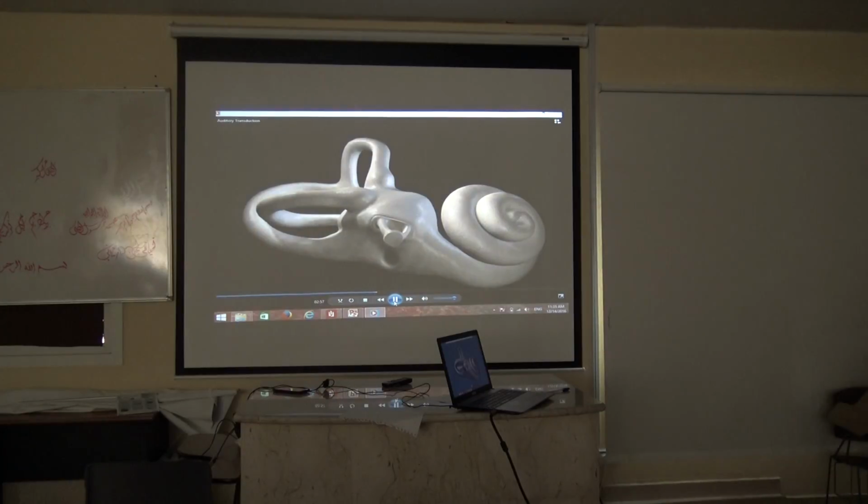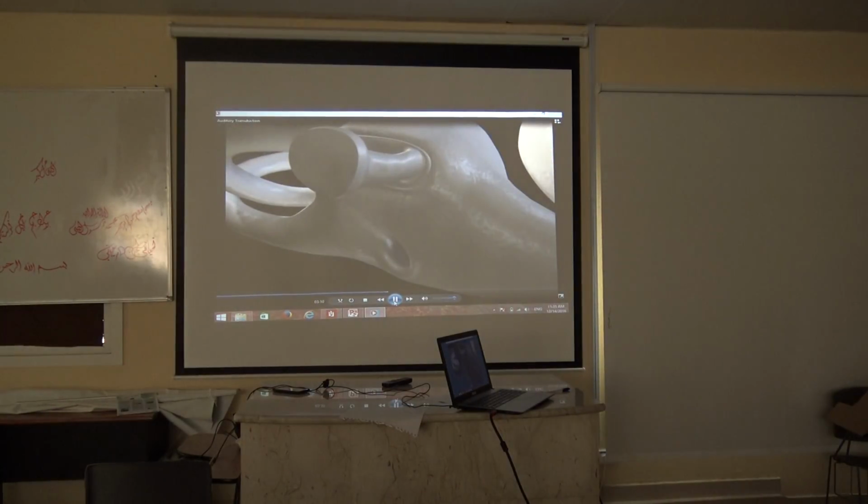If it were a completely closed and inflexible system, the movement of the stapes would be unable to displace the perilymph, and therefore unable to send vibrations into the bony structure. Due to the flexibility of a membrane called the round window, the stapes movement can displace the perilymph, allowing vibrations to enter the labyrinth.